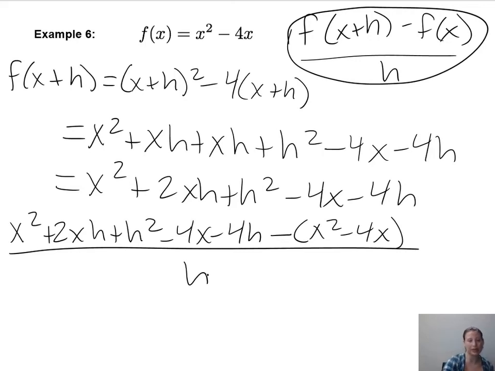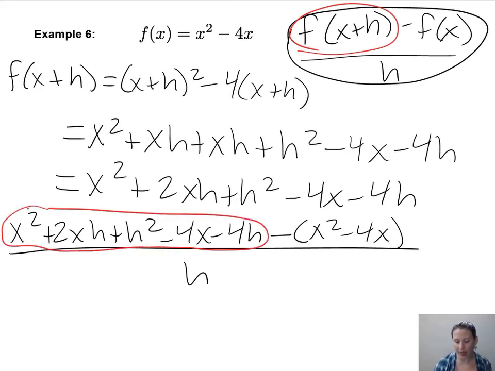So let's think about this formula a little bit, right? We have f of x plus h. That's all of this right there, right? Then we had f of x. That is this function right there. We said f of x plus h minus f of x, all divided by h.